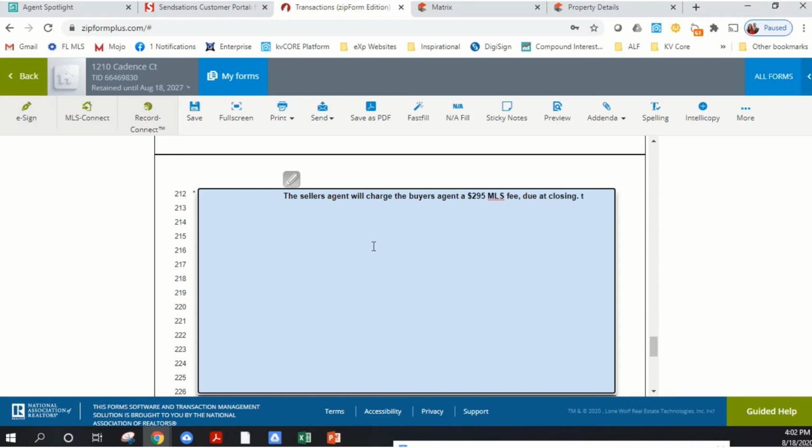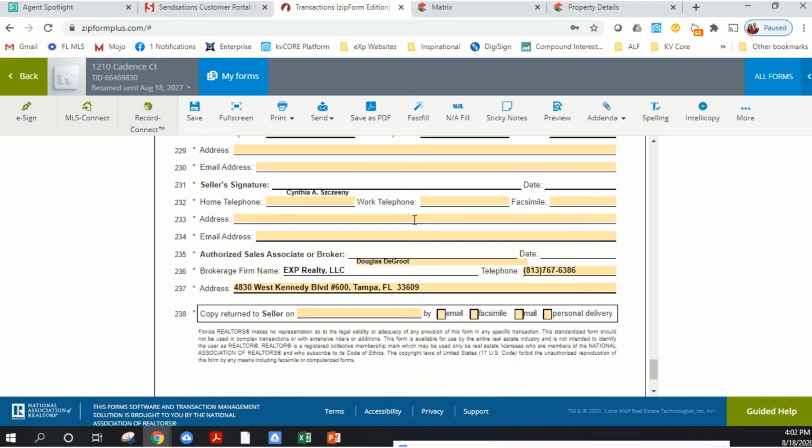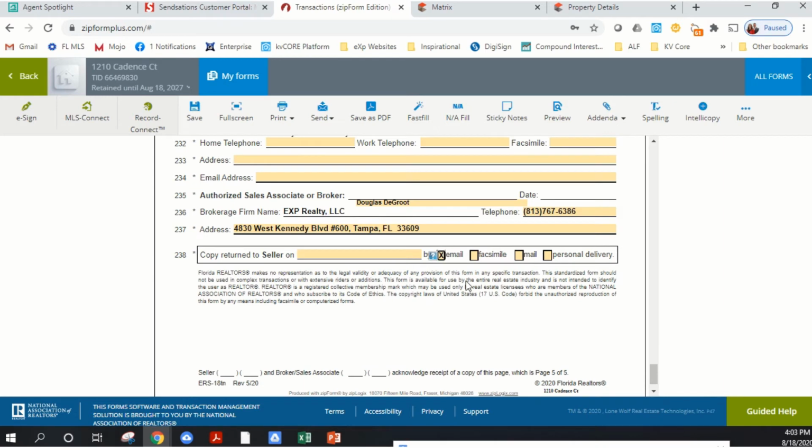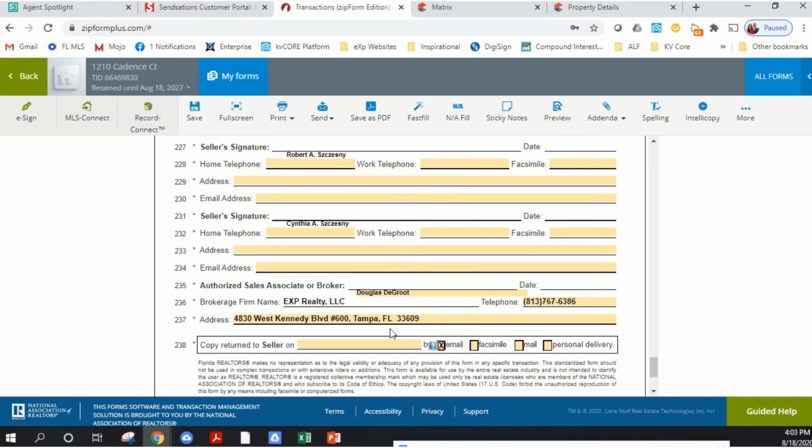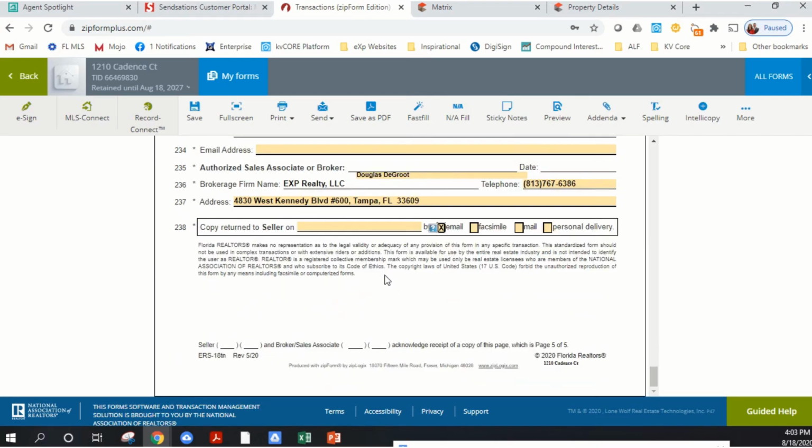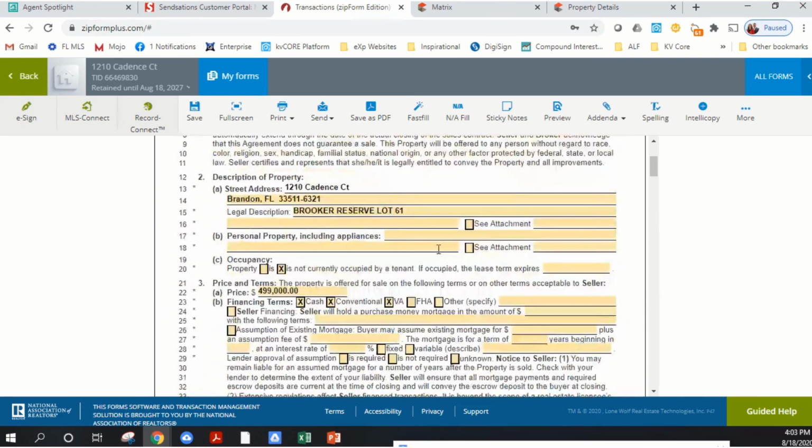This is at no additional charge to the seller. So I like to say that last part just so the seller understands it's not in addition to the 6%. So this all auto populates, and then they have to sign that stuff.